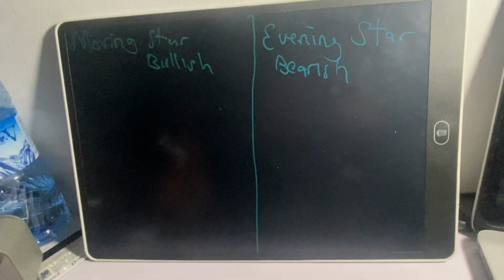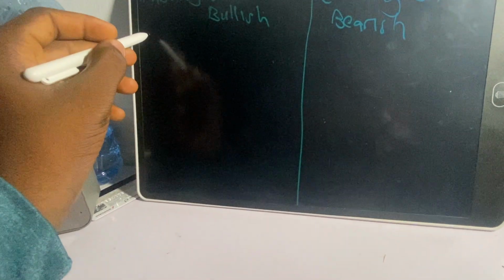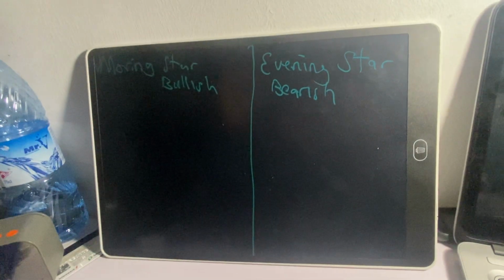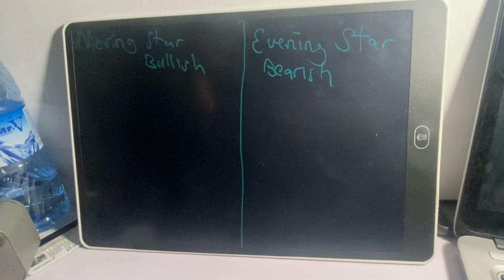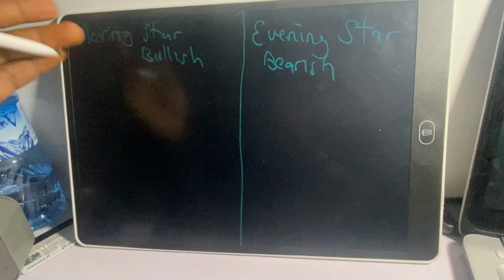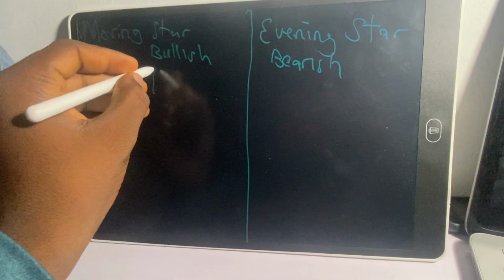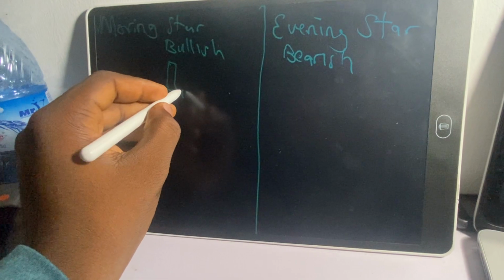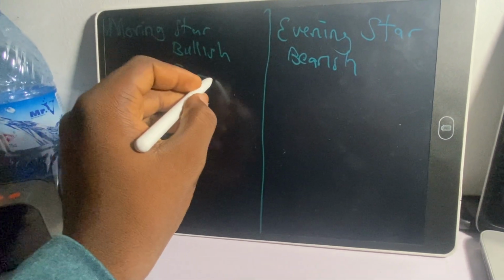Let me just draw it and show how the formation looks. We must have 3 candlesticks to call it the morning star. We have a candlestick coming down here, then we have something of this nature, then we have this.